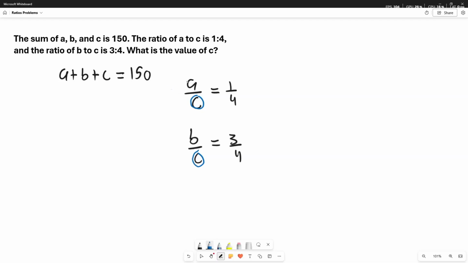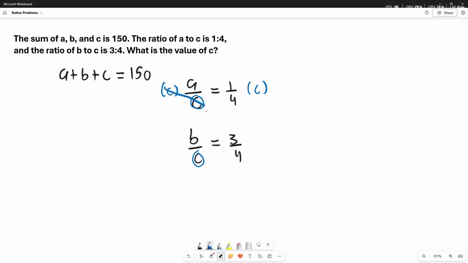So to isolate A, first we want to get rid of this division by C. And to get rid of division, we do multiplication. And when we multiply one side, we have to multiply the other side of an equation always.